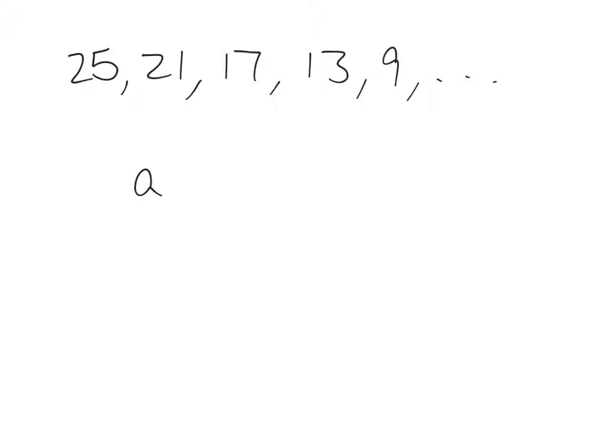So figure out what type of sequence it is, and then I want you to find a sub 21. Alright, so this is arithmetic, because as you look from term to term to term, you're subtracting 4 every time. So your common difference is minus 4.